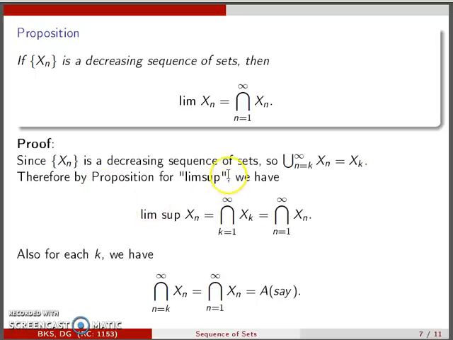Now, for the proposition of lim sup, xn is the union of the intersection of all these xk, in other words, the intersection of xn.